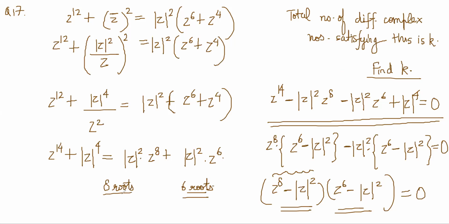Total 14 roots. You have to cancel out some common roots if there are any common roots, right? You have to get different complex numbers. So there are 6 roots of, okay, so now it is obvious. You can do the roots of thing.